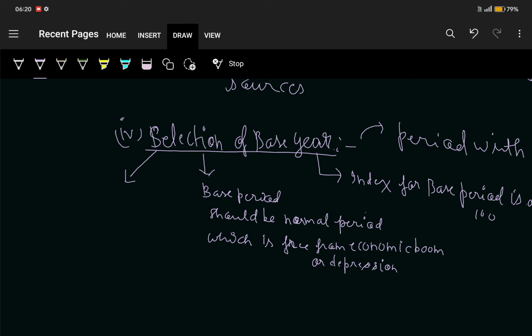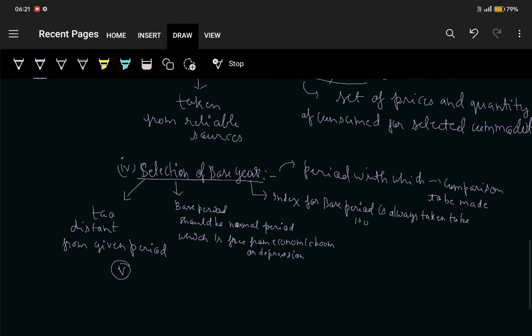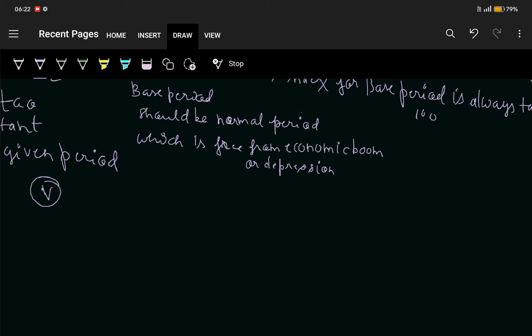So the base period should not be too distant from the given period. And the fifth point is types of average to be used.